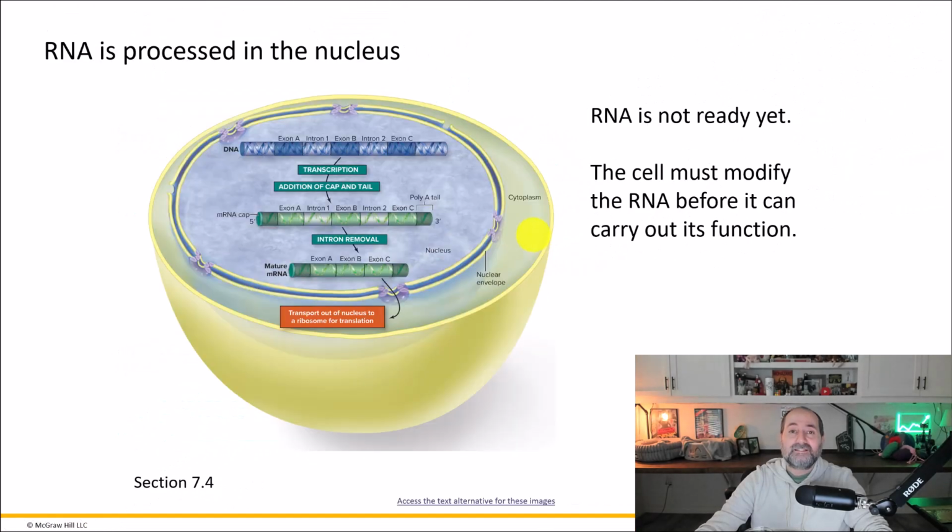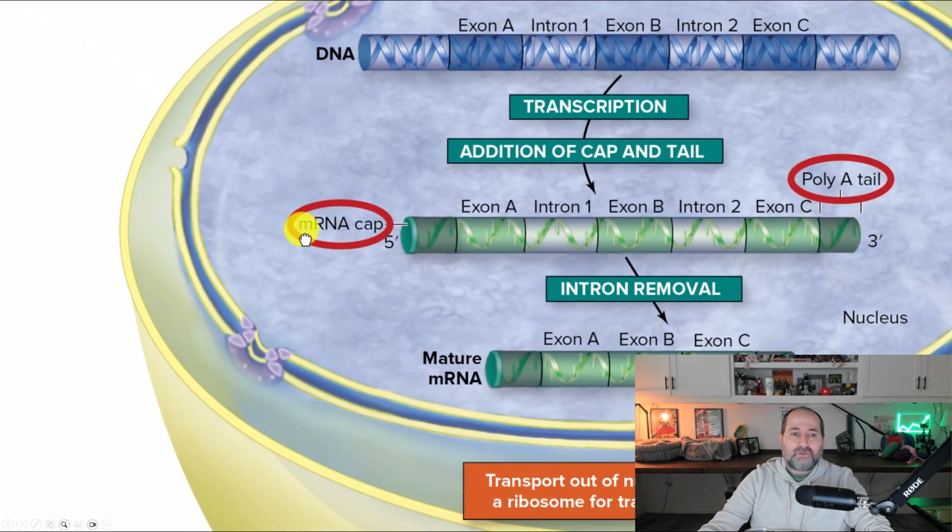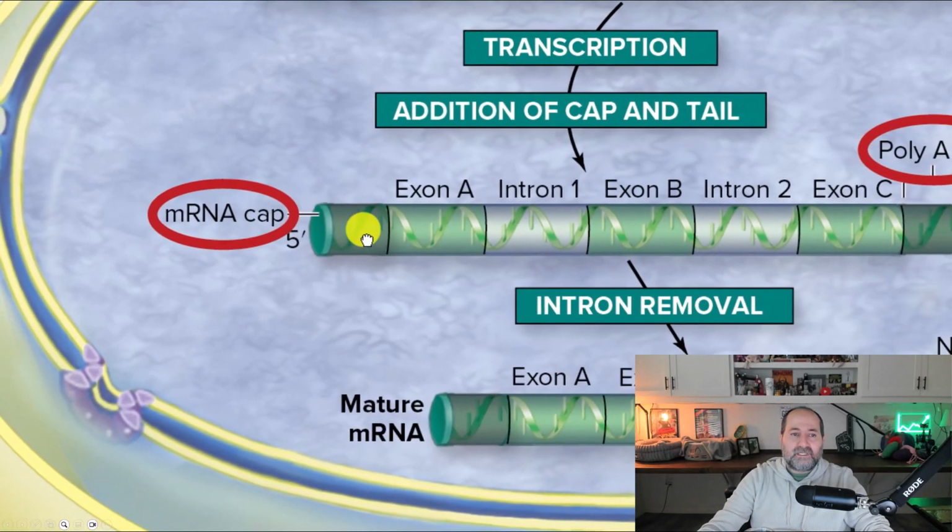Now you should know that in eukaryotes, the RNA needs to then be processed. Once that mRNA is transcribed, we need to process the mRNA. You should know the 3 mechanisms that occur during RNA processing.